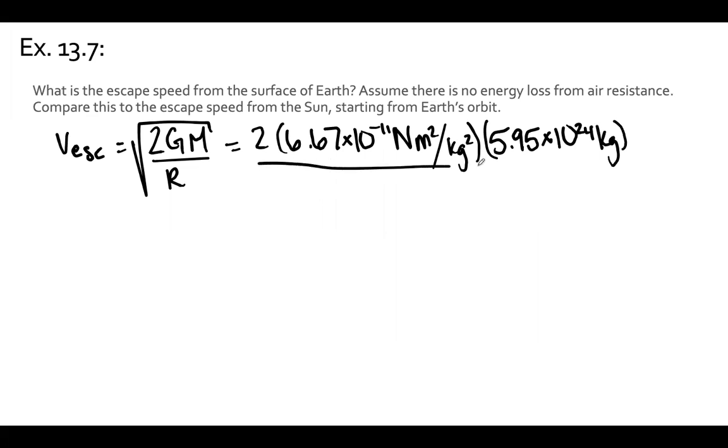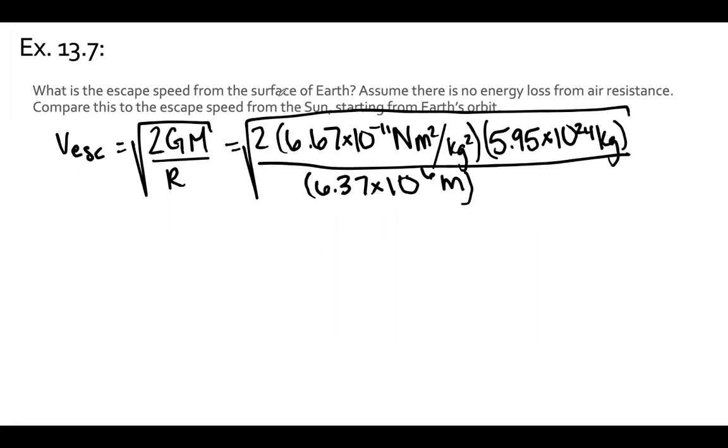And then we divide that by r, or our radius of Earth, which is 6.37 times 10 to the 6 meters. Okay, and square root that whole thing. Now, it does state that we're looking at it from the surface of Earth, meaning our radius here is just going to be the radius of Earth, because we're at the Earth's surface.